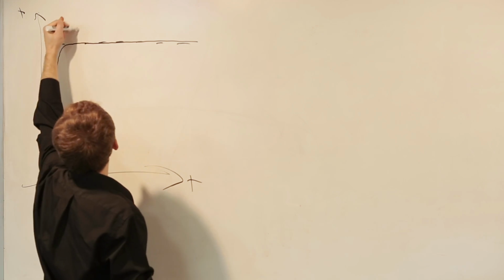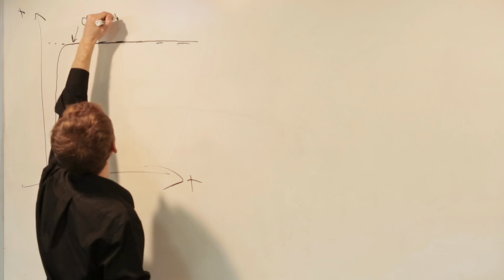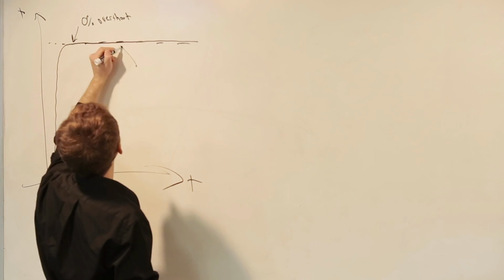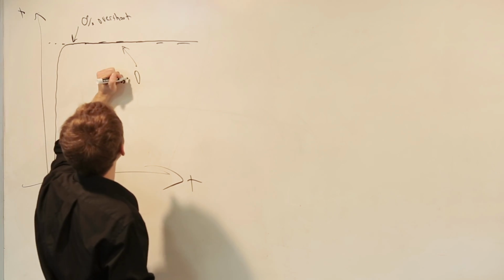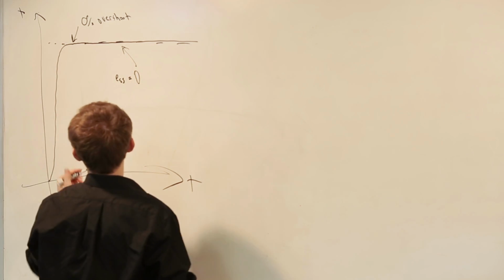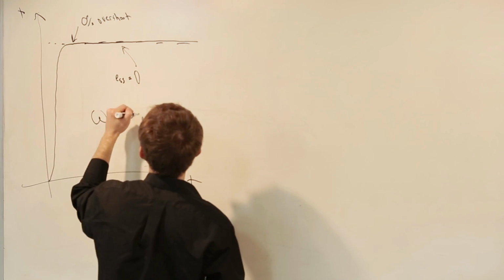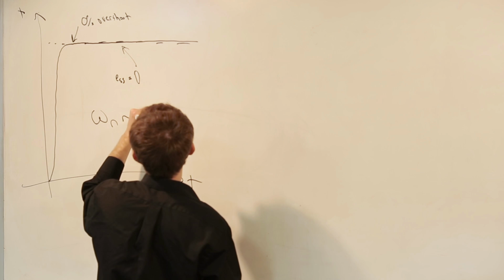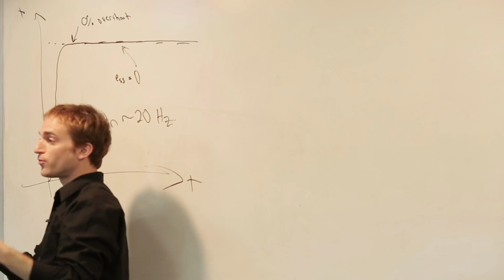So here's 0% overshoot, 0 steady state error, and you want a natural frequency of approximately 20 hertz. And you can use any of the motors in your system to do this, 1 through 4.